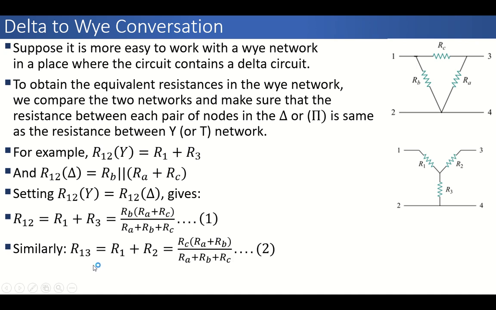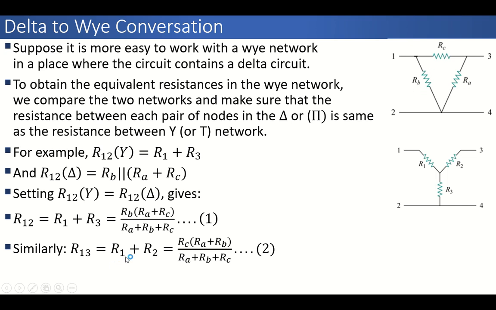Similarly, the resistance between terminals 1 and 3 in the Y network is R1 plus R2, and the resistance between terminals 1 and 3 in the delta network is RC parallel with RA plus RB, the series combination of RA and RB in parallel with RC.